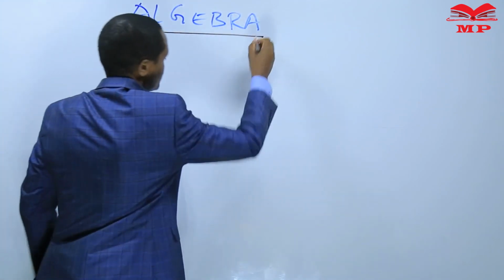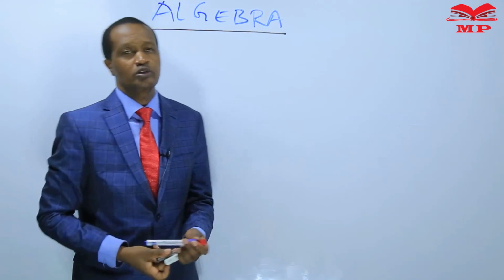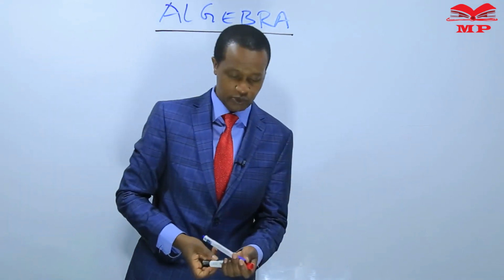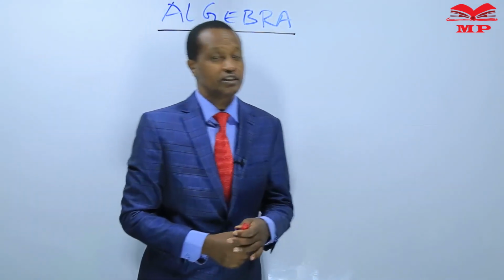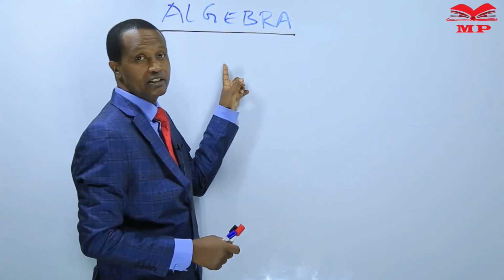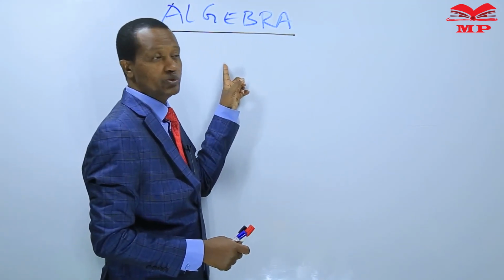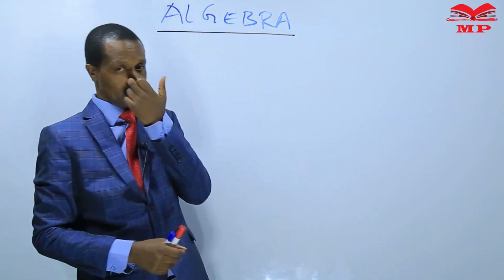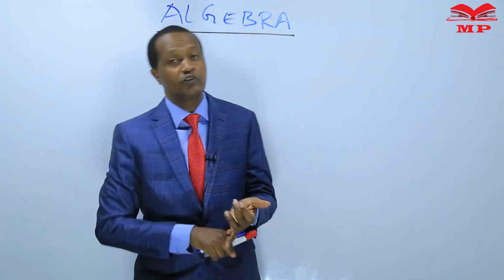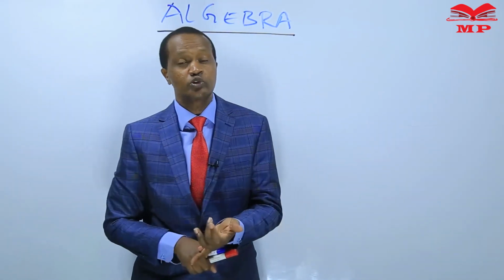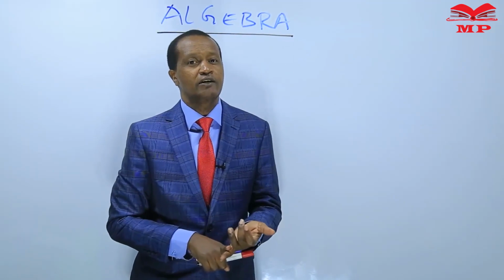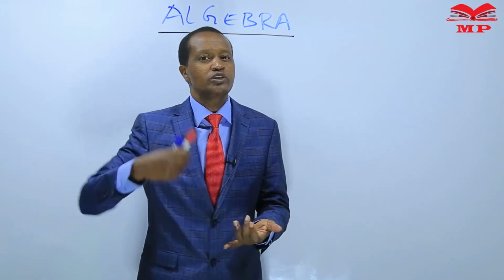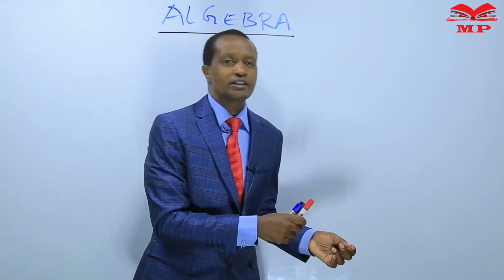For those of you who went through standard 4, 5, and 6, you will recall that this unit is not new to you, because in standard 4 you were introduced to algebra and you learned how to use letters for numbers.